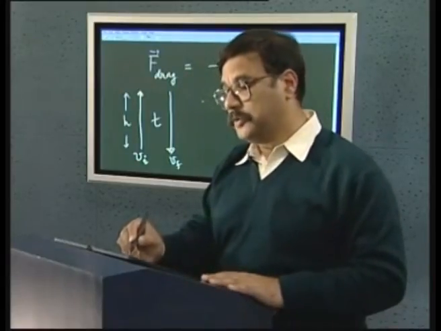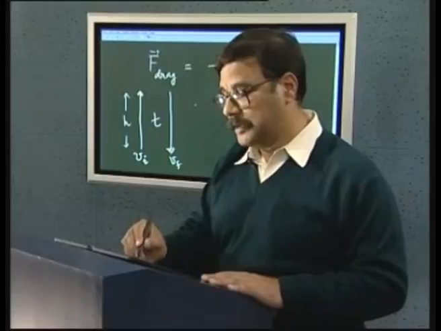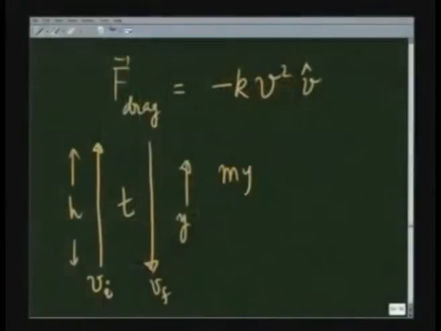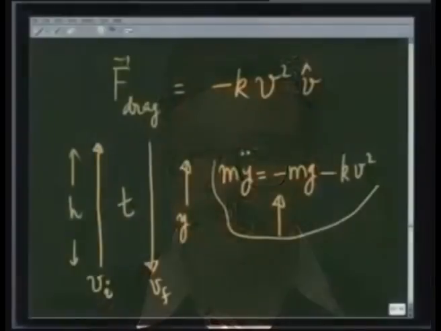If I write the equation of motion, since this is a one-dimensional case, let me take y to be going up. I can write m y double dot is equal to minus mg minus k v square. This is when the particle is going up. Notice in this case, I have to be careful when considering the motion of the particle coming down.